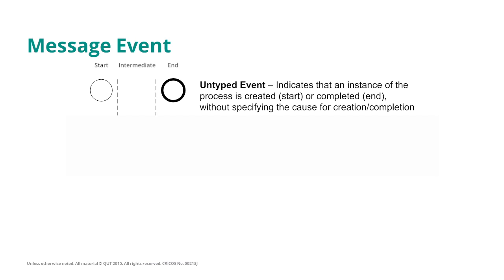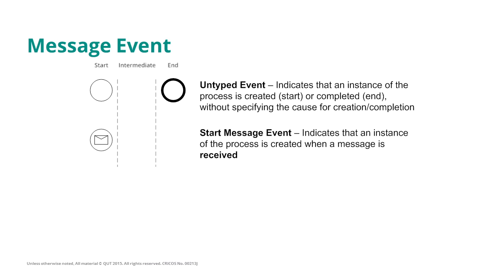So far we saw the so-called untyped event, which we did use as a start and as an end. And then we saw a variant of the start event called start message event. However, there are 3 more types of message events that are used to deal with message exchange during and also at the end of the execution of the process.